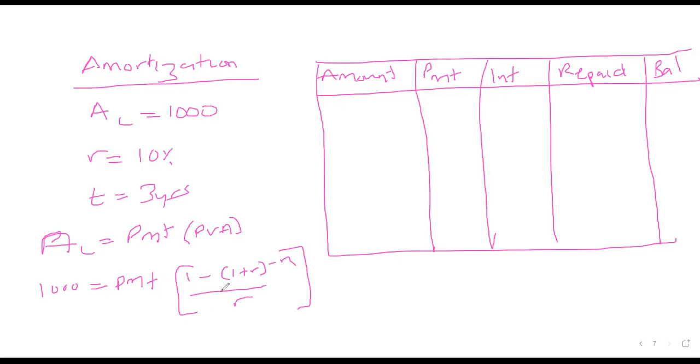Which we already calculated in the previous example. It was 2 point what? 2.487.